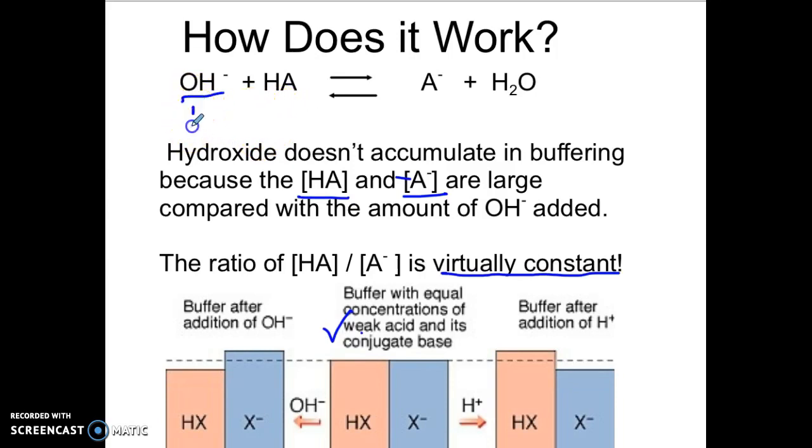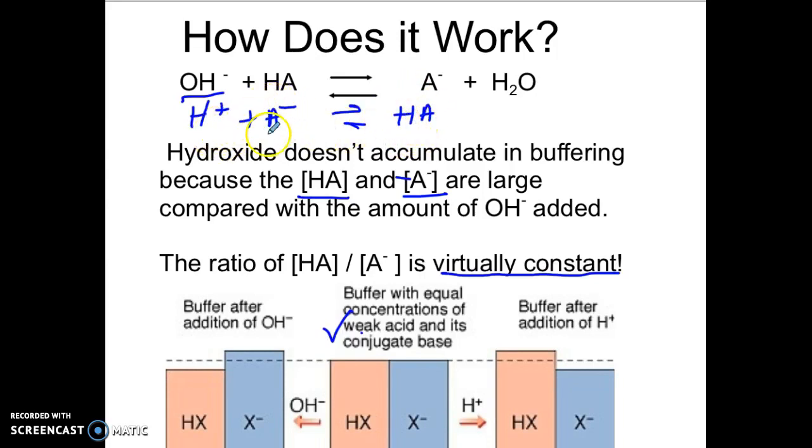Now, what if you were adding acid? So here I'm going to have acid. Well, what component of the buffer will we want to react with this H plus to absorb it? Are you thinking the same thing I am? Indeed, it would be the conjugate base. So what happens is the conjugate base is going to react to make HA, okay?